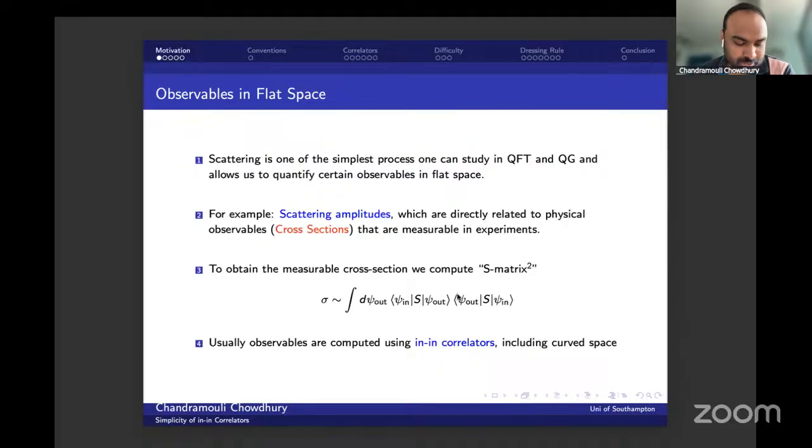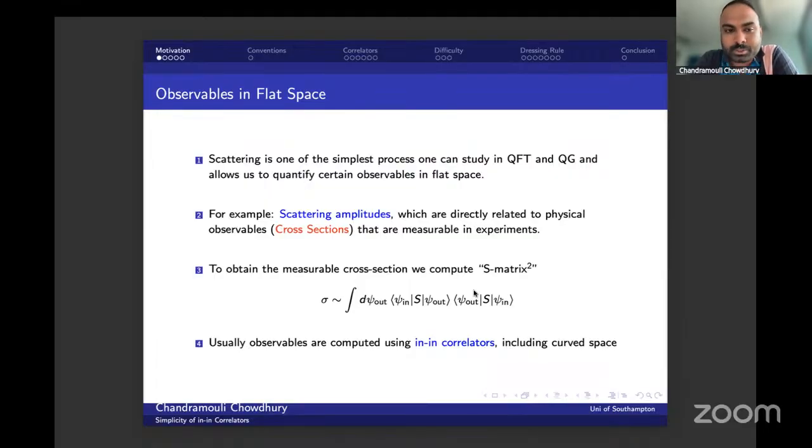Let me start with the content. Let me give you a brief motivation of how I got interested in trying to compute what I call cosmological correlators. It all starts with how we compute observables in flat space. As you all know, scattering is one of the simplest processes that you can study in QFT and quantum gravity, and it allows you to compute certain observables in flat space.